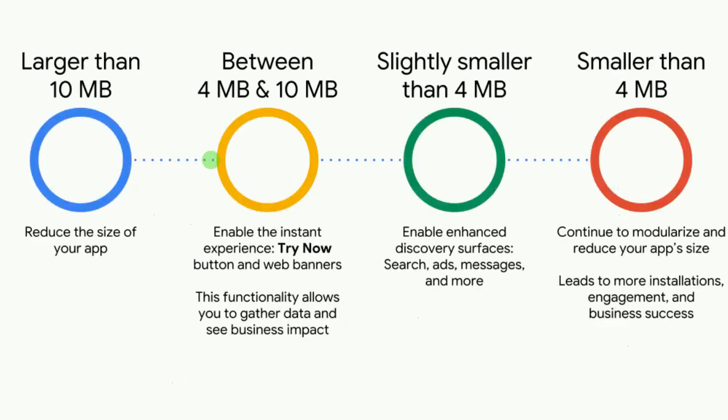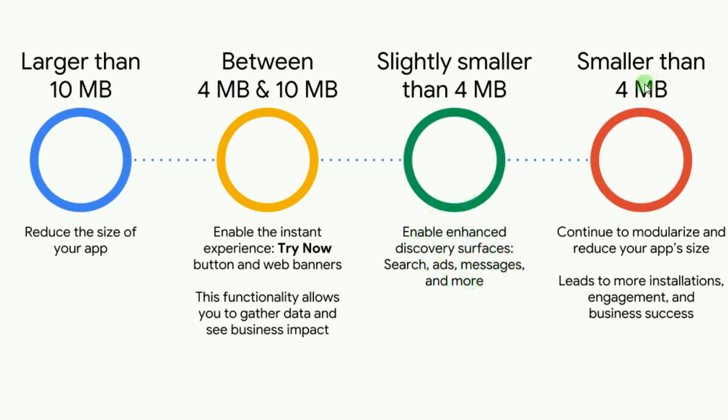Now the conditions for using Android Instant App are these. If your app is larger than 10 MB, then you need to reduce the size of your app, and if it is between 4 MB and 10 MB, then enable the instant experience Try Now button and web banner. So you will be allowed by Google Play to put these buttons in your Android app. And if it is slightly smaller than 4 MB, then you can enable enhanced discovery services: search, ads, messages, and more.